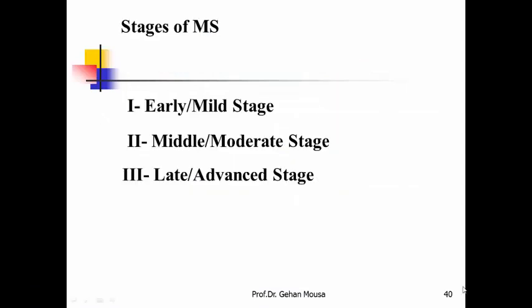Stages of MS. MS severity ranges from early or mild stage, mild to moderate stage, to late and advanced stage. The stage is important in designing the plan of physiotherapy treatment.